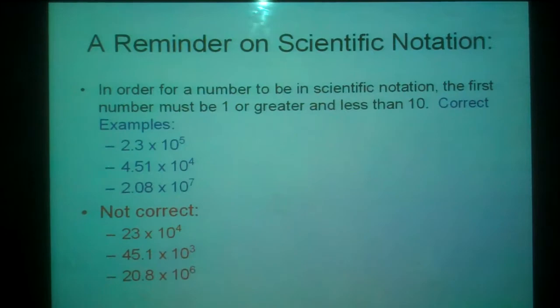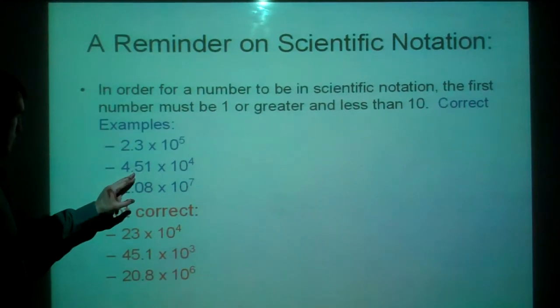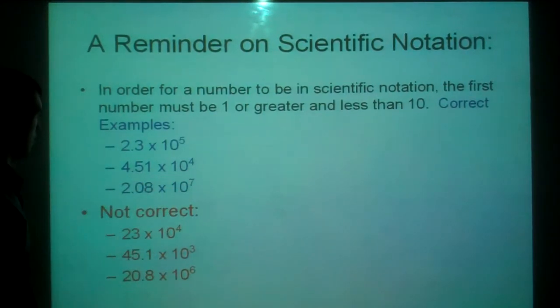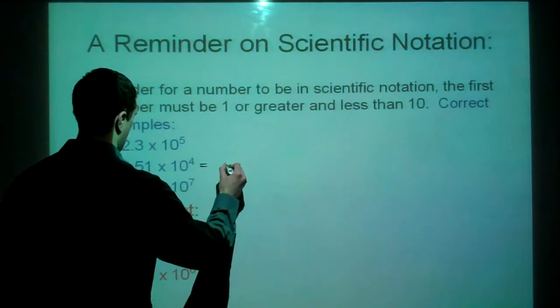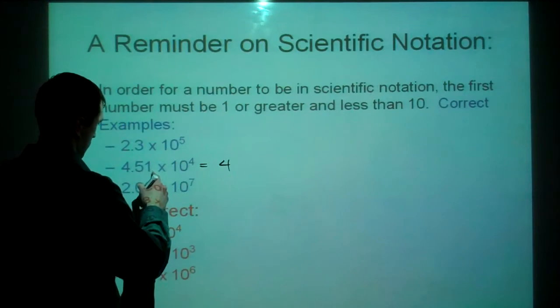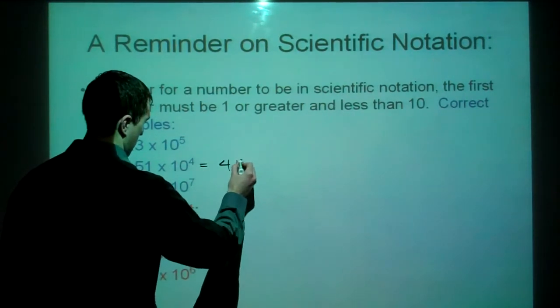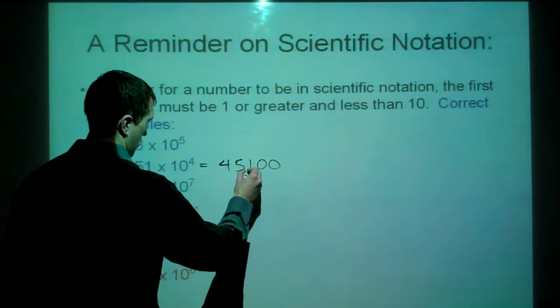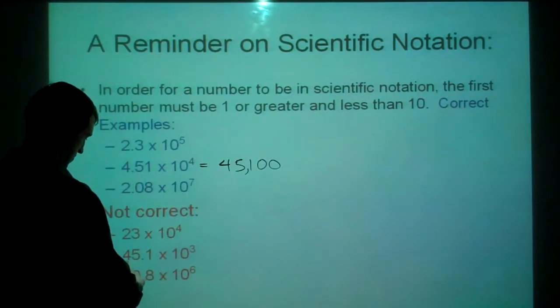And just to go back and say why we use this, a lot of times we have numbers that are very large or very small. So we use scientific notation to represent them, so we don't have to write all sorts of digits over and over again. So if I move this decimal 4 spots over, 1, 2, 3, 4, it would get 45,100.